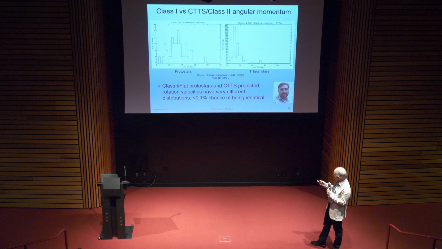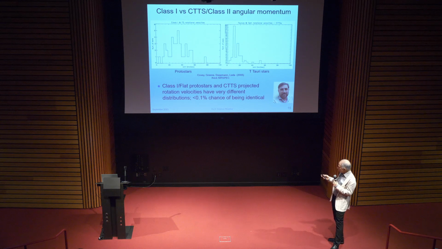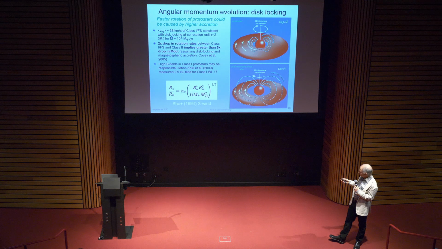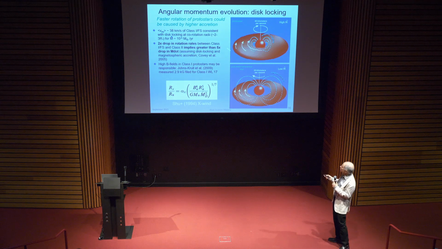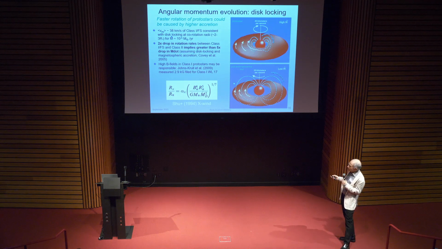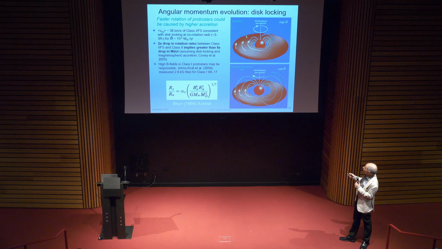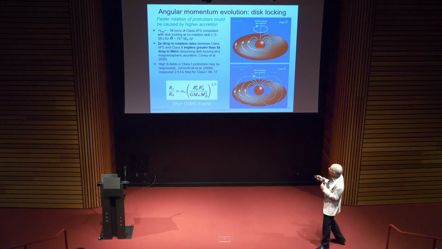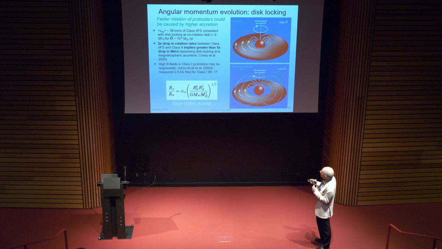Which is what you'd expect, because stars lose angular momentum over time. But what else can we learn from that? I showed you earlier a cartoon, not unlike this one, where there is a poloidal field from the star going through the disk. The idea is that the inner part of the disk is gone, where the disk would be rotating faster than the star, and where that is depends on the accretion rate, with this equation.